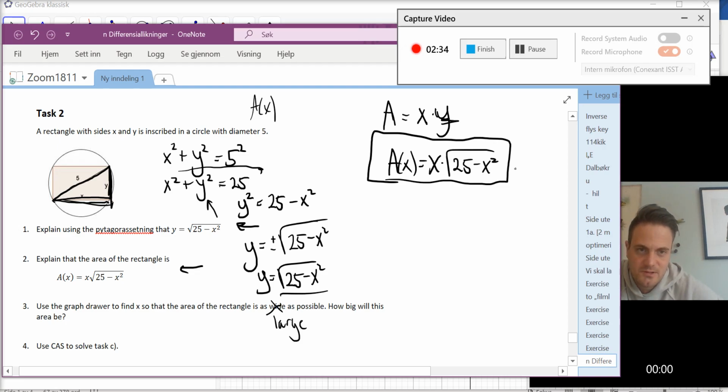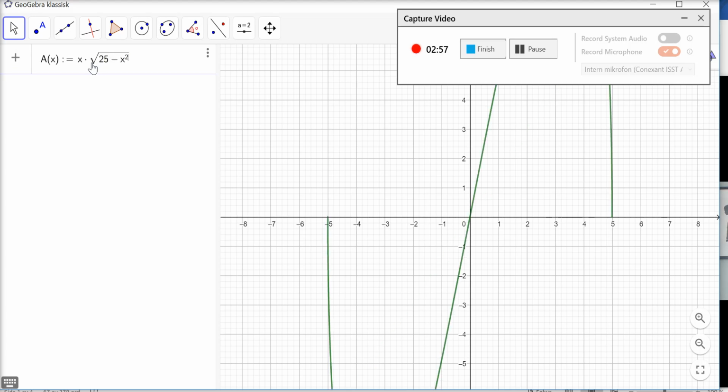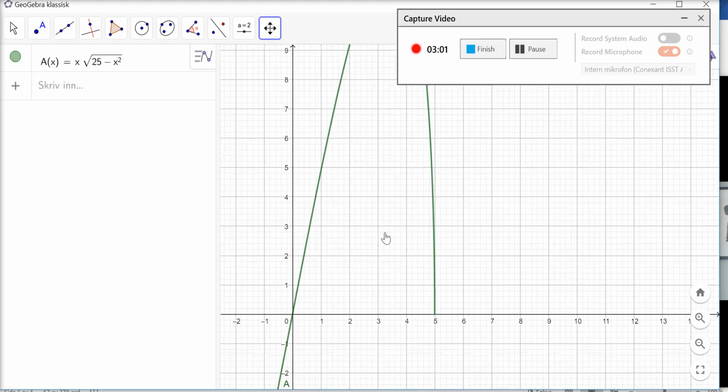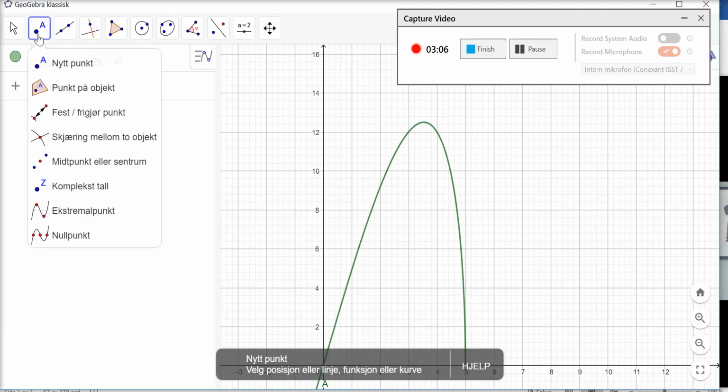To maximize this area, I have to find a maximum point, and that is of course easiest done in GeoGebra, by just writing in the graph the function: x times square root, Alt R, we get the square root of 25 minus x squared, and we then get this graph, and we should just find the maximum point of this graph.